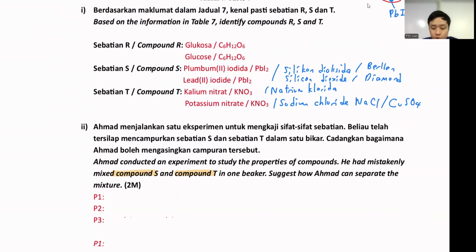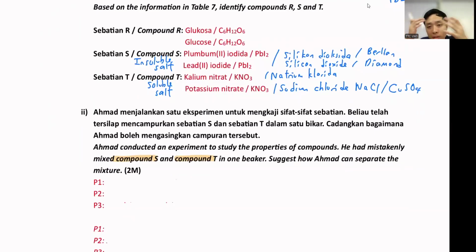So you have these two salts mixed together. So how do you separate the mixture? In this case, S is an insoluble solid, meanwhile T is a soluble salt. So how do you split them?